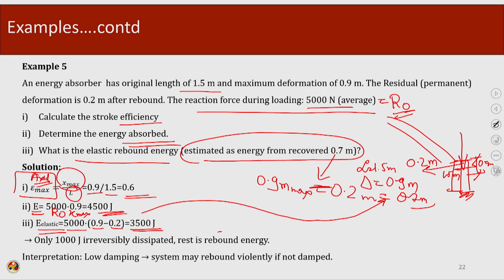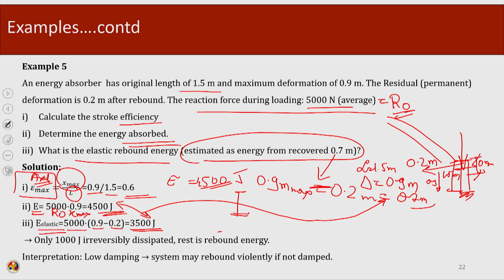So, here we can comment about the energy absorbed. The total energy was 4500 joule. The system deformed to a limit of 0.9, and when it happened, the energy absorbed was 4500 joule.